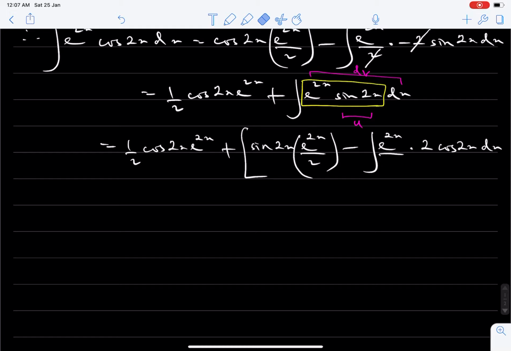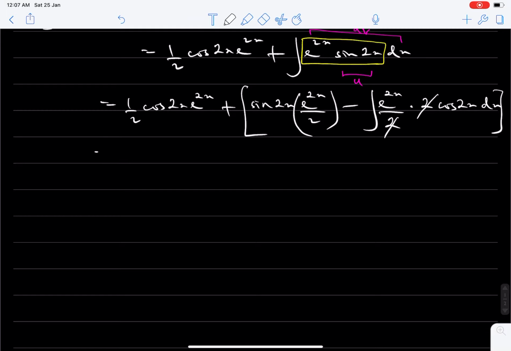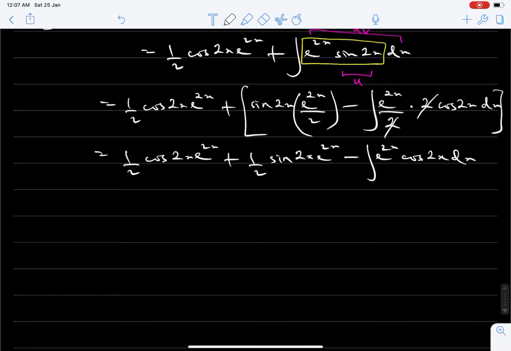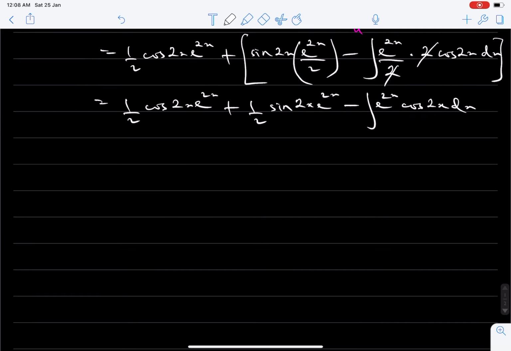So, 2 here 1, 2 here 1, and then we have 1 over 2 cos 2x e raised to the power 2x plus 1 over 2 sine 2x e raised to the power 2x minus the integral of e raised to the power 2x cos 2x dx.